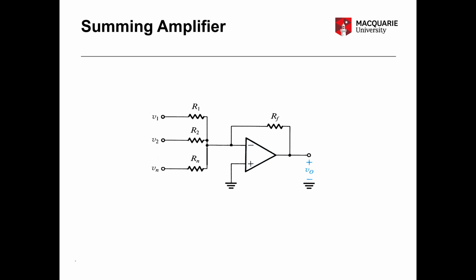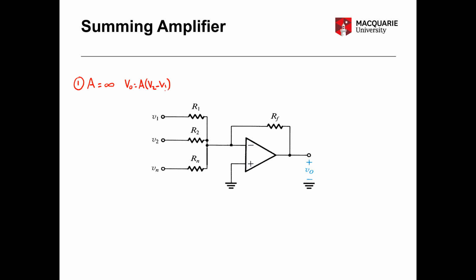So we begin the analysis by once again recognizing that if we have an ideal op-amp of A equal to infinity, then we have a virtual short, which is in effect a virtual ground between our inverting inputs, due to the fact that the op-amp by itself leads to this output characteristic.